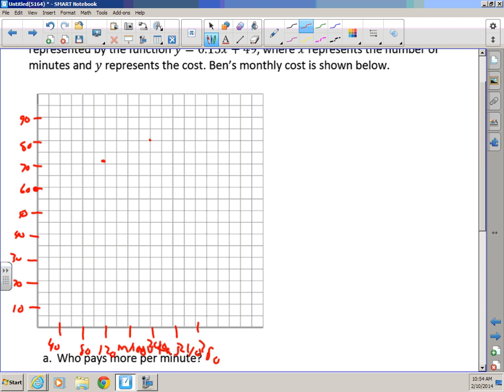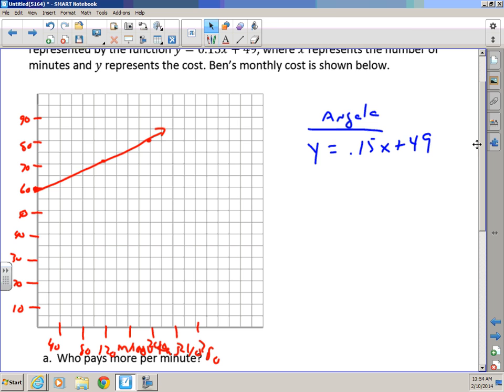Sorry, like that. Should be able to be connected in a straight line. All right. Now, we have Angela, where we have this equation, y equals 0.15x plus 49. And then we have Ben, who we have represented in a graph.